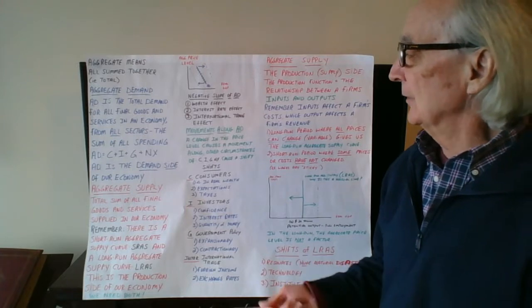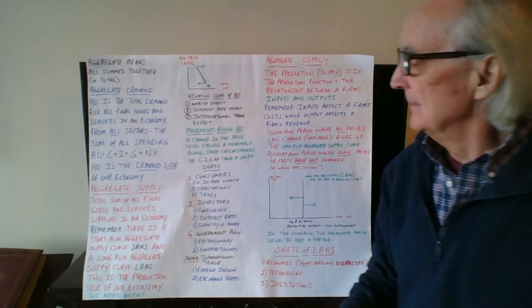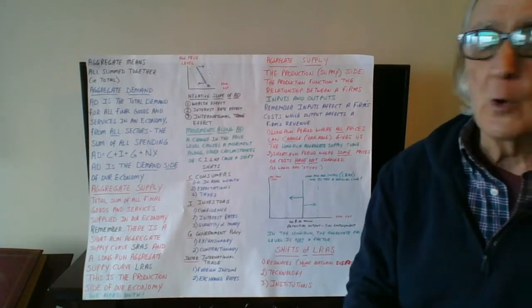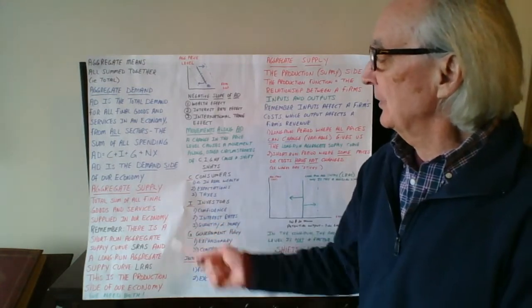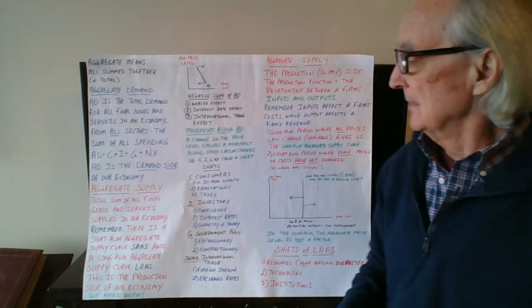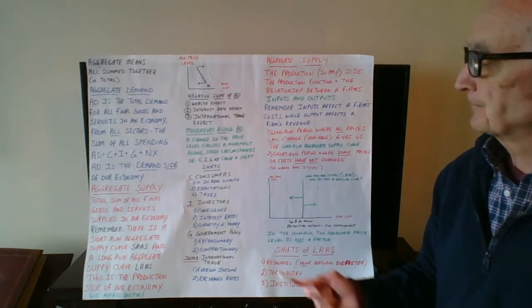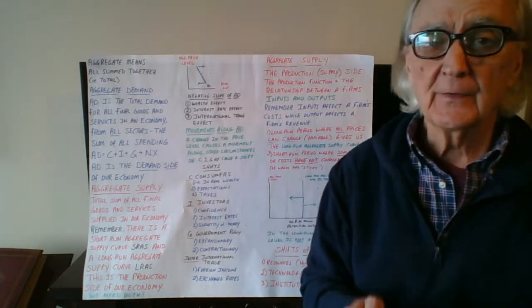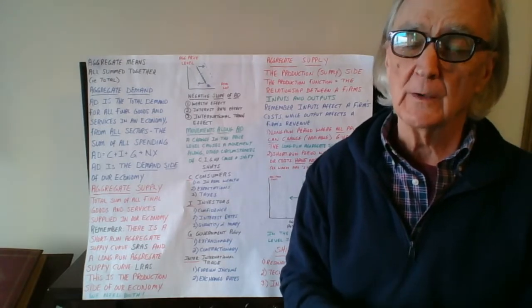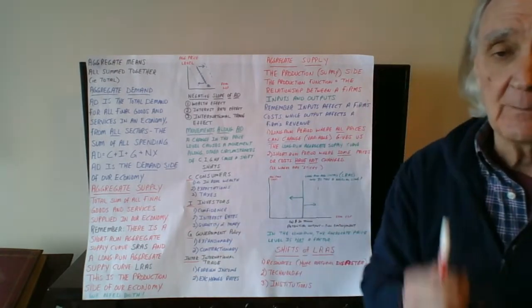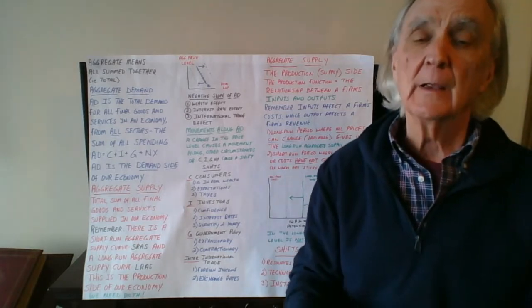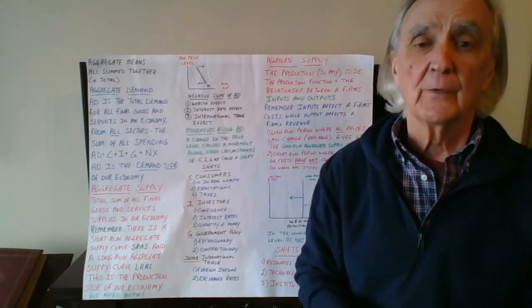And we'll also be looking at aggregate supply. That's the total sum of all final goods and services that are supplied in an economy. Now remember, in this case, we're not looking at just one curve. When we talk about aggregates, we're looking at the short run and the long run for supply.